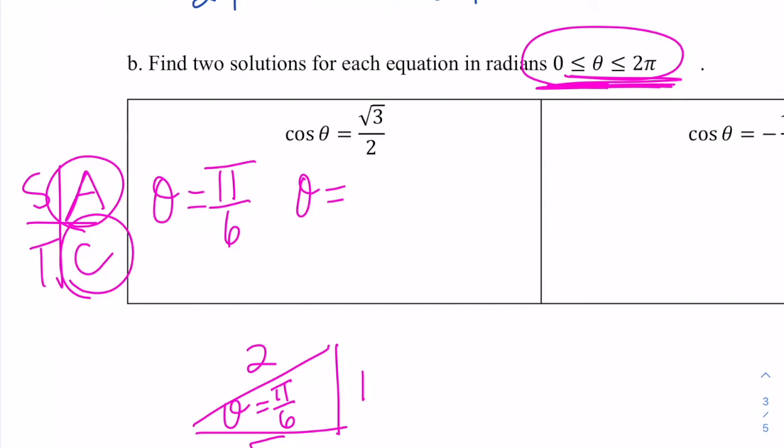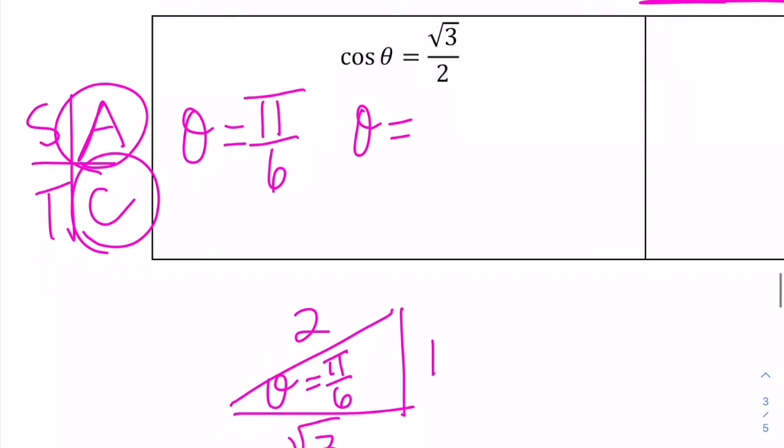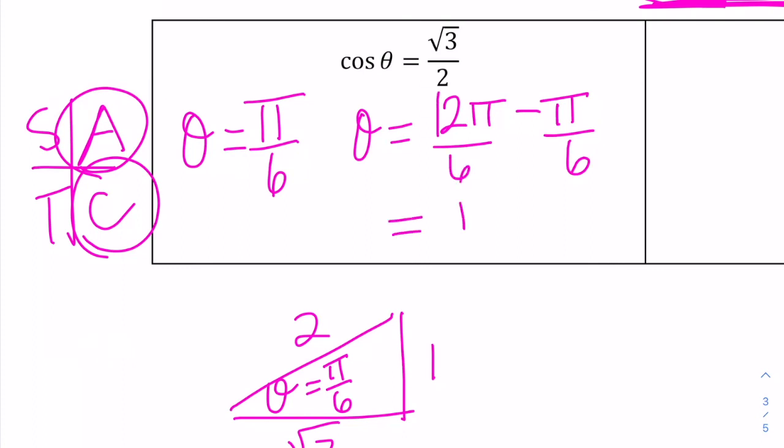But we can say that's going to be 2 pi minus pi over 6. And remember, to find a common denominator, you would just have to make this 12 over 6. So that's going to be 11 pi over 6.